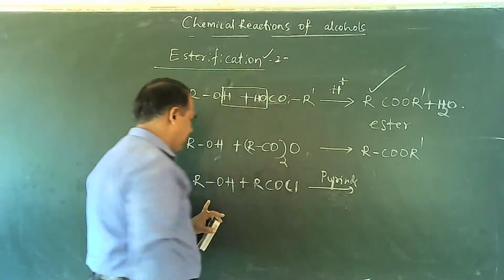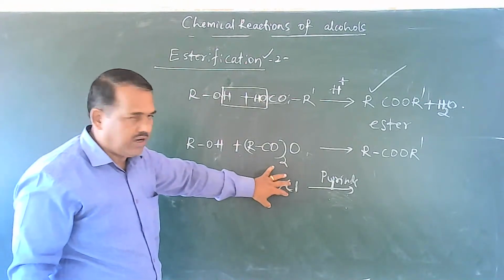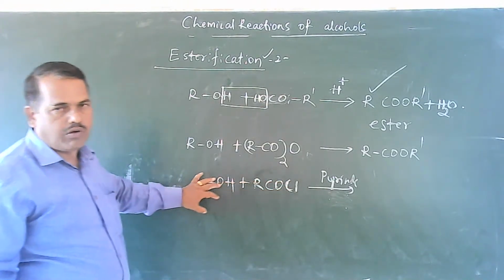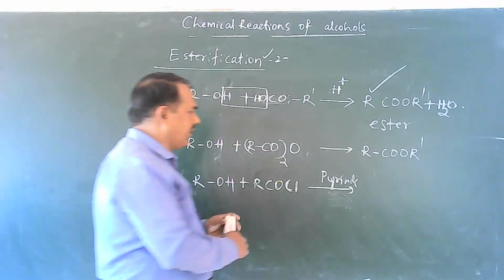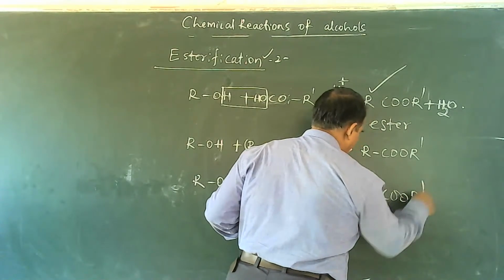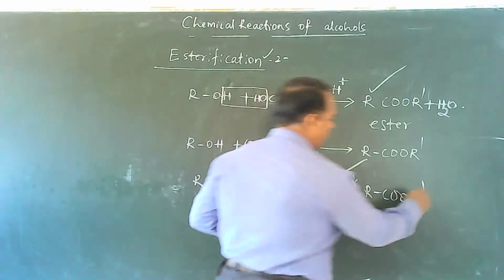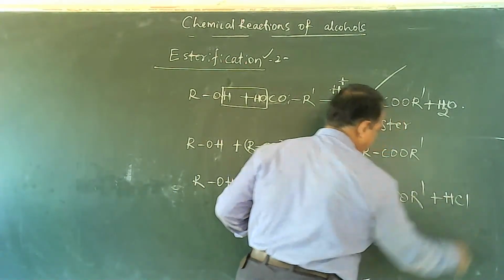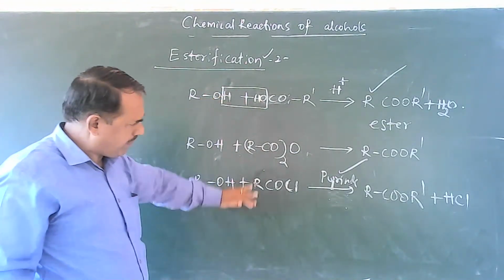See, HCl is released when alcohol reacts with acetyl chloride, and we will get an ester, RCOOR'. We have to use pyridine here because HCl is absorbed by the base.